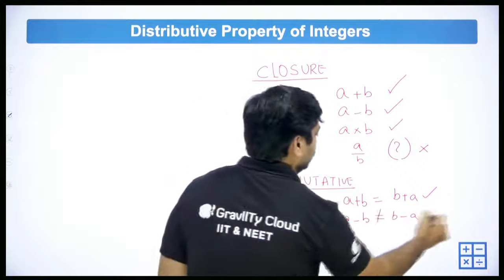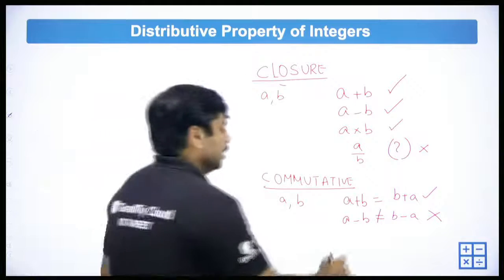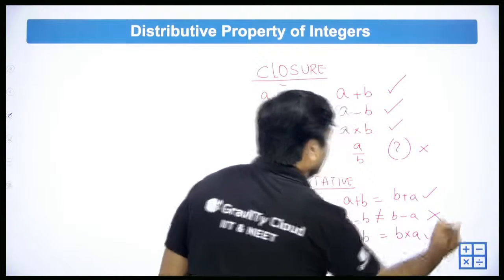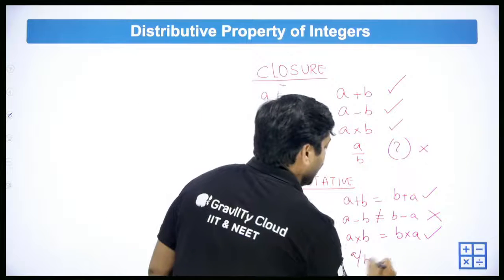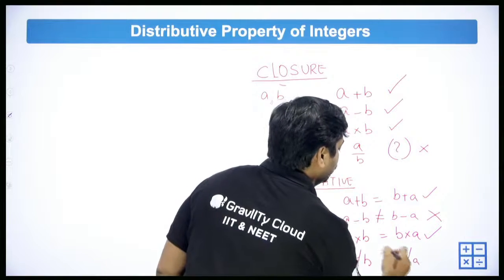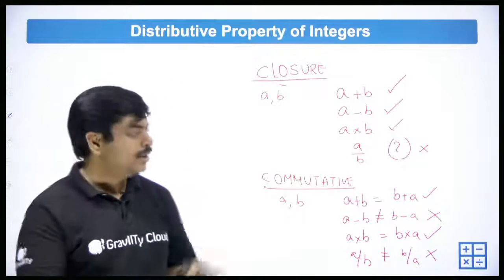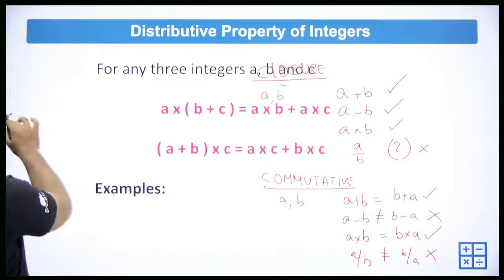No, so subtraction is not commutative. A into B and B into A are equal, so for multiplication it is correct. A divided by B and B divided by A are not the same, so for division commutative is not valid, right? So all this we have discussed, and in the coming class we will also discuss the distributive property.